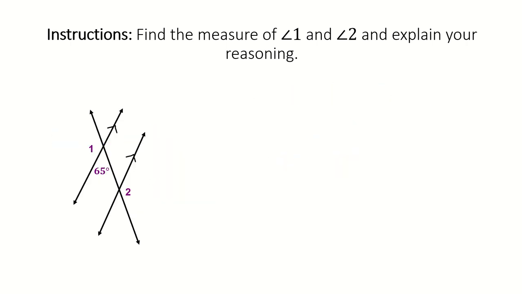Next, we have here angle 1 and angle 2, and there's a guarantee that the lines are parallel. Angle 1 and the angle with 65 degrees form a linear pair. So to find angle 1, when you add them, it must be equal to 180 degrees.